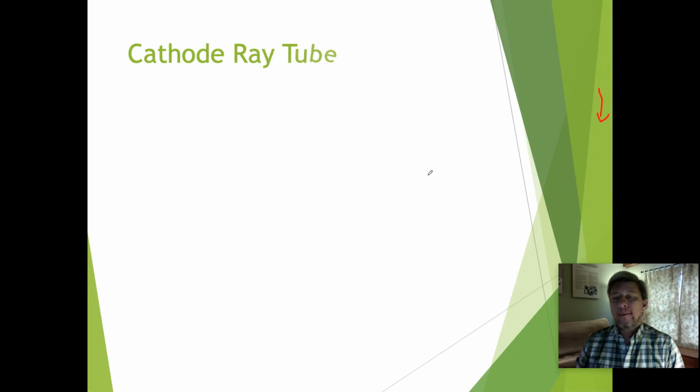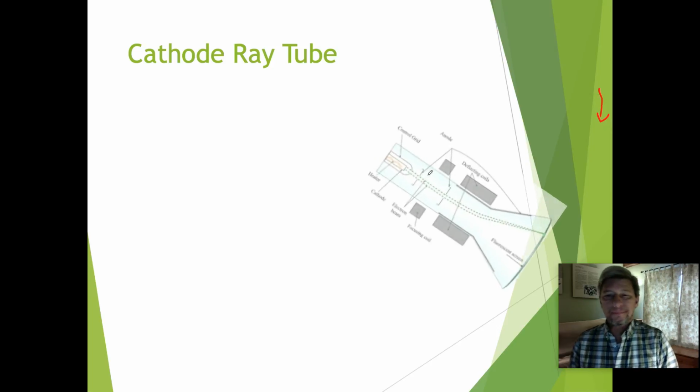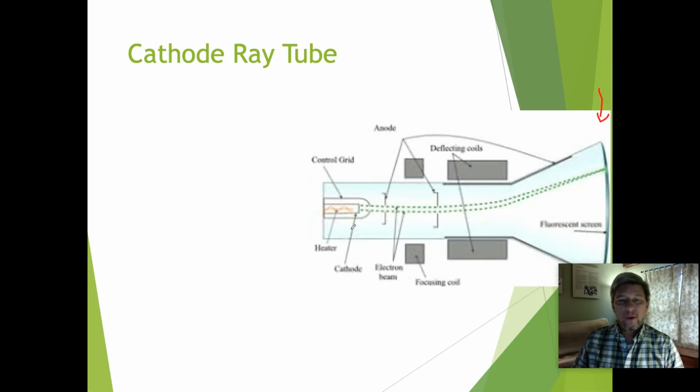Anyway, so we have on this thing not only the fluorescent screen, but notice that we've got a cathode with a heater coil in it, and that is producing these high velocity electrons. We then run it through, and the dotted line represents the electron beam.